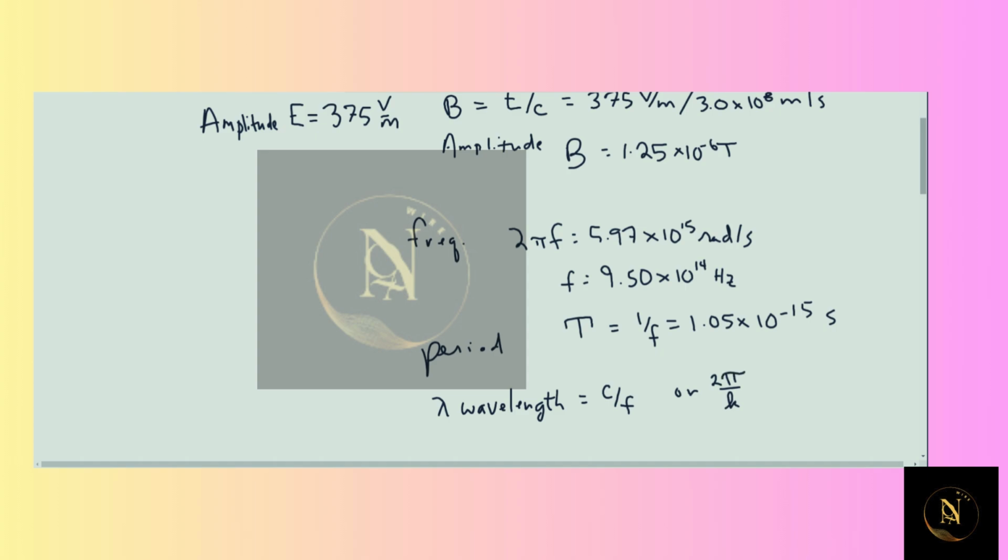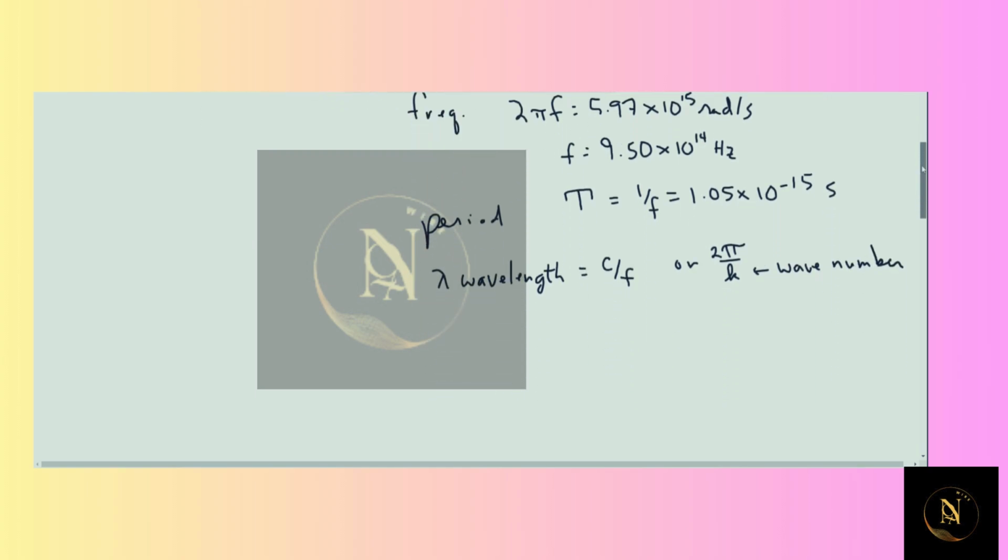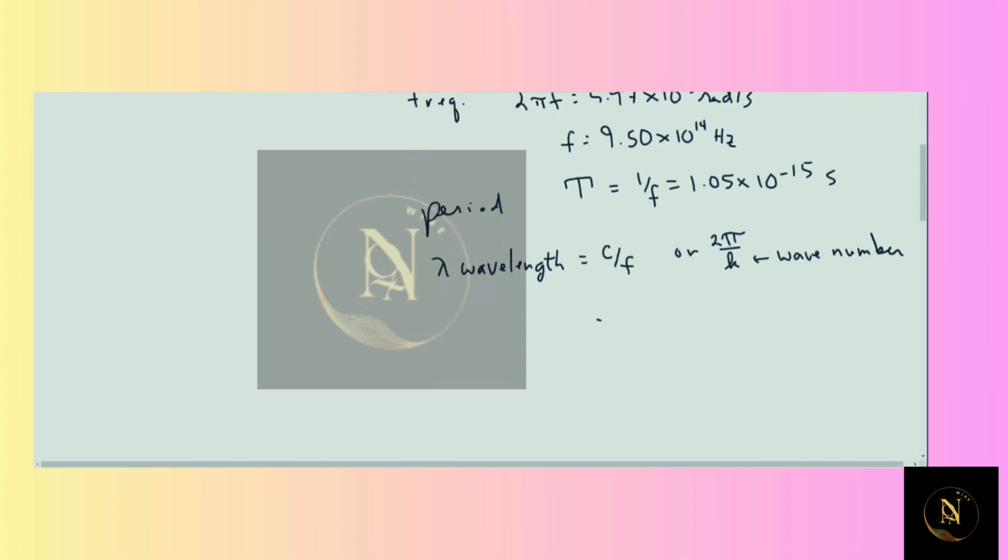K is sometimes called the wave number, and is related to the inverse of the wavelength. So either way will work. We'll use the c over frequency technique. And we wind up with a wavelength.